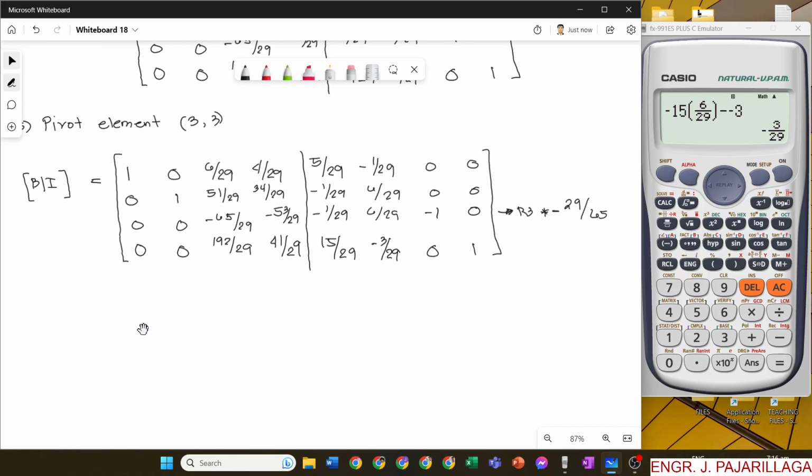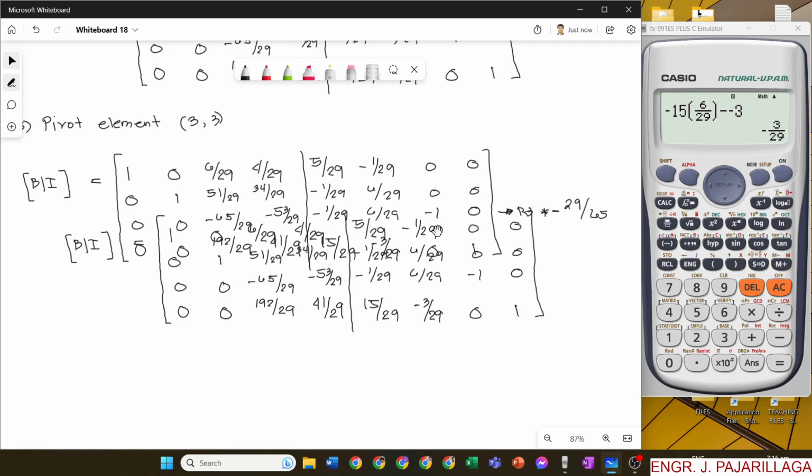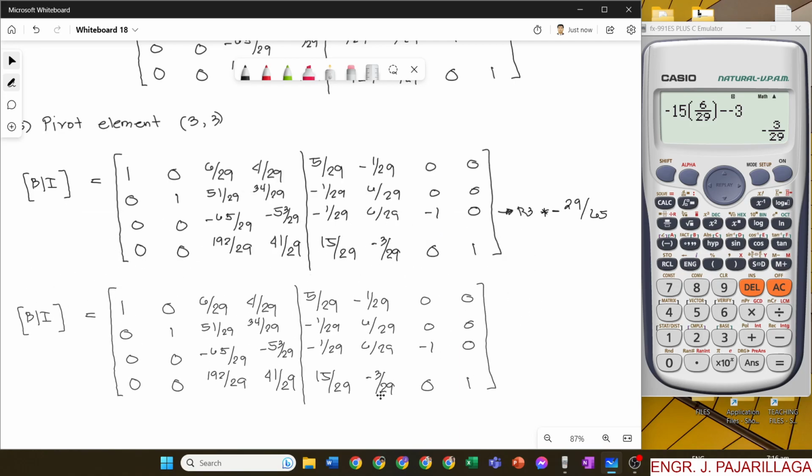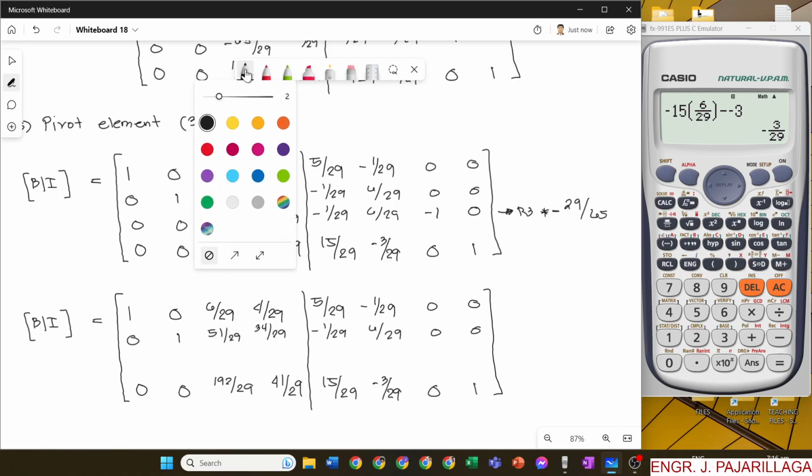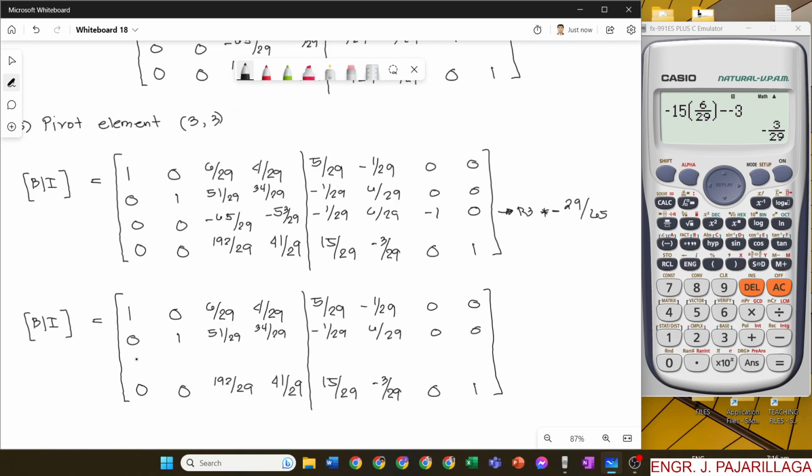So, ipe-paste ko na lang to and then palitan natin yung values ng row 3. Okay? So, i-delete ko ngayon yung row 3. So, we have 0 multiplied by negative 29 over 65. That is 0. And again, we have here another 0.